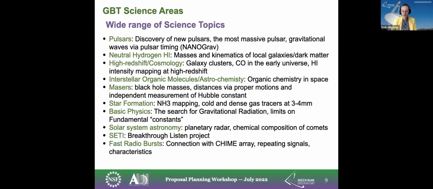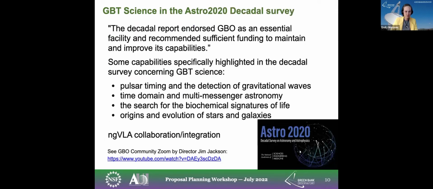And then of course, SETI. There's a project called Breakthrough Listen that gets some guaranteed time on the telescope. And people also use the GBT to study fast radio bursts, though we are currently in the process of building an annex of CHIME, in fact, and so the site will be used for that as well.